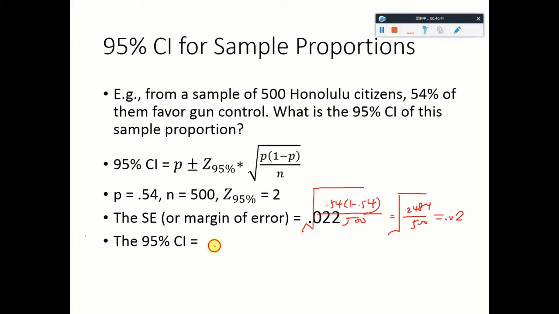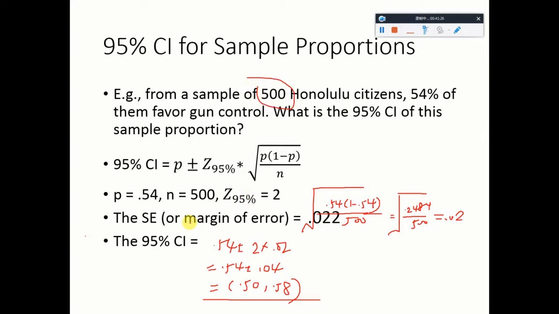It will be 0.54 plus or minus, we know Z for 95% is 2, 2 times 0.02. So it will be 0.54 plus or minus 0.04. So it will be the interval 0.50 to 0.58. Boom. That's our 95% confidence interval for this sample proportion.